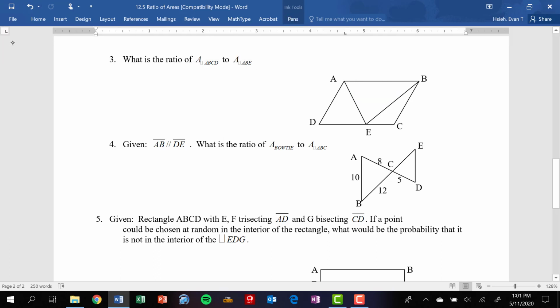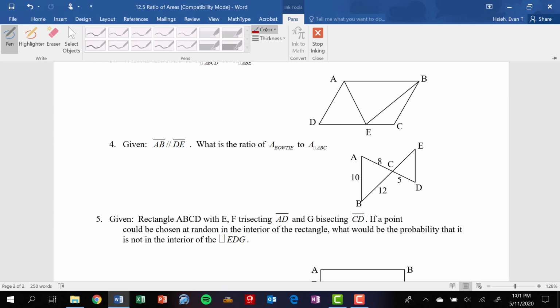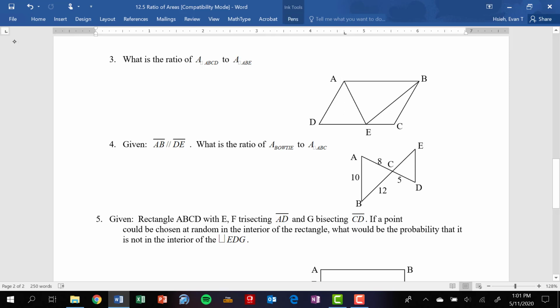And so I know that this height is going to be the same for both types of figures. And this one, the area is going to be base times the height.